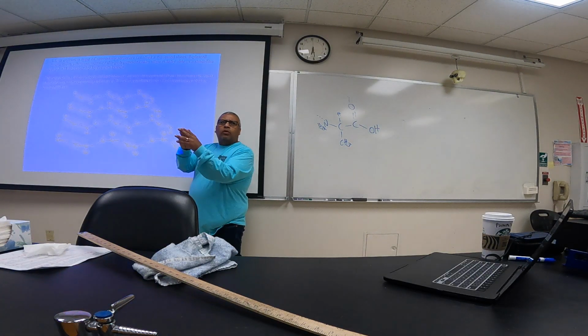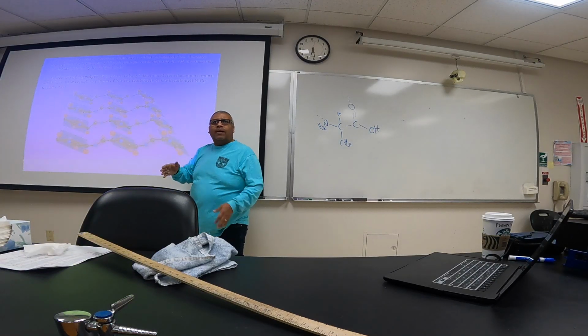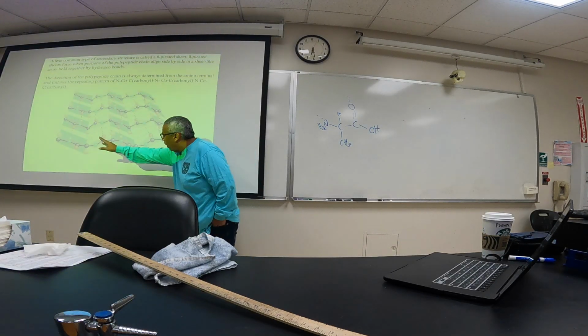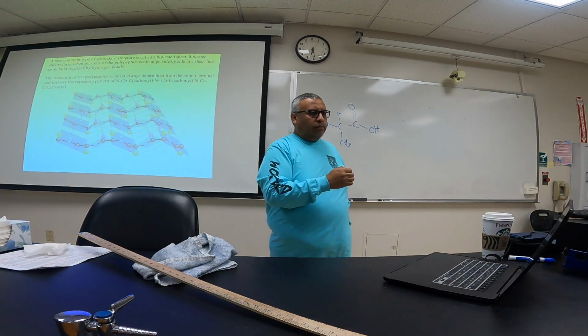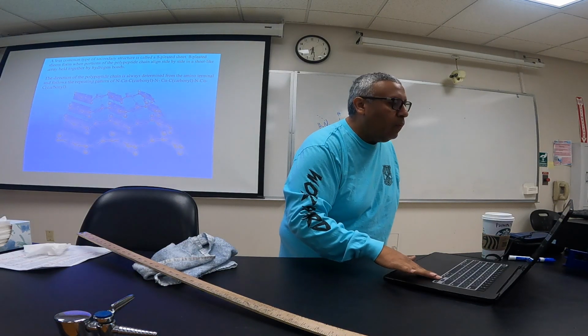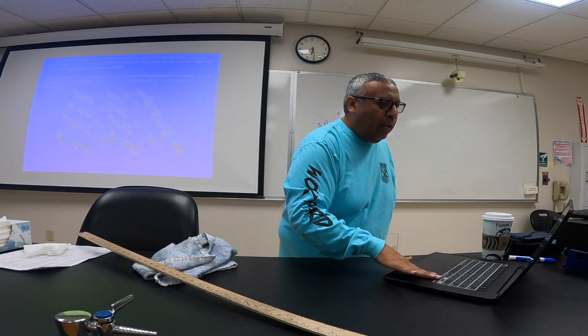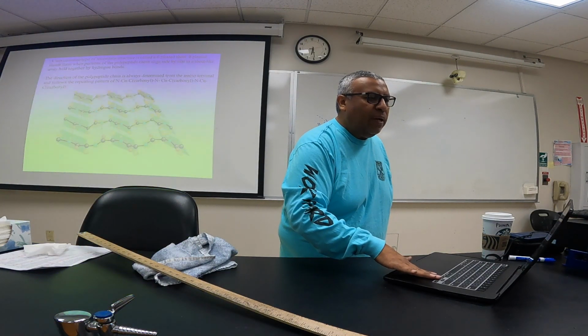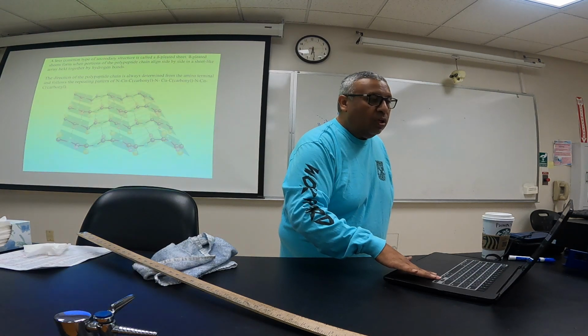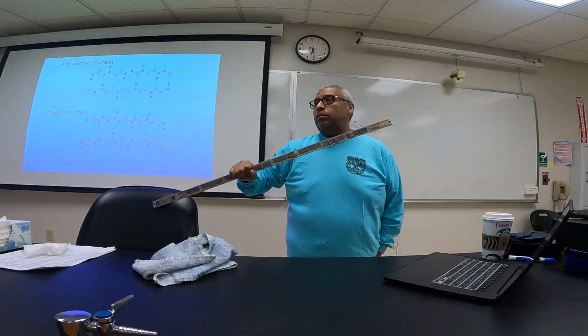It's like when you fold a piece of paper over and over, try to make those little fans, it has those little pleats, right? So that's what we see there. Less common, but still.